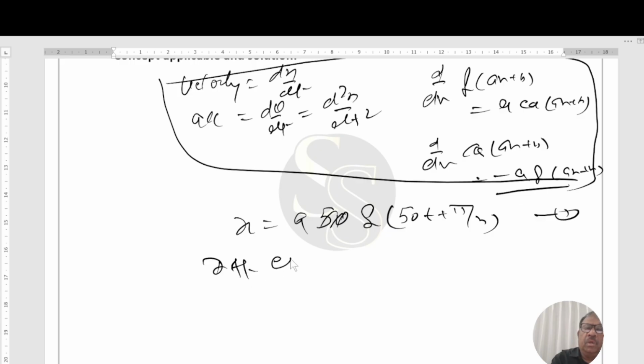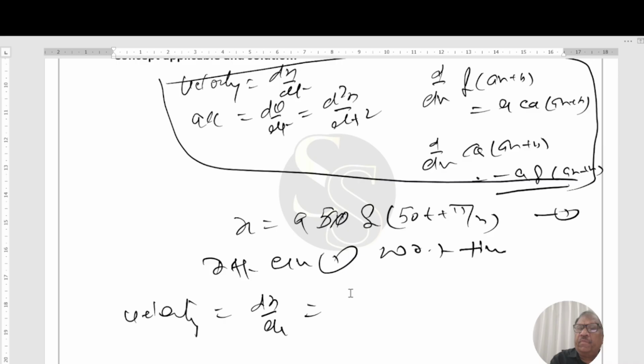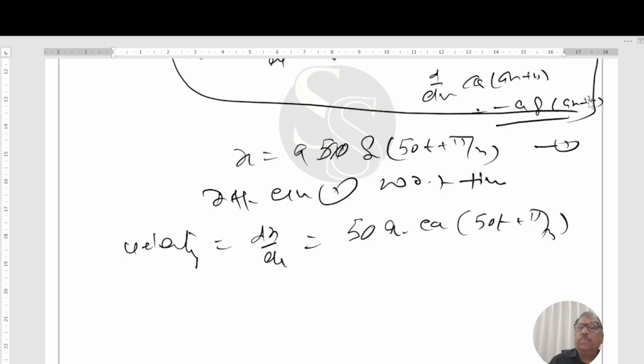Differentiating equation 1 with respect to time, we get velocity equal to dx by dt. The coefficient of t is 50, so v equals 50a into cos of 50t plus pi by 3. Now, according to the question, v equal to 0 at t equal to t1.